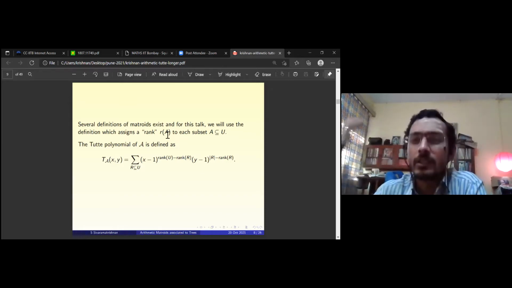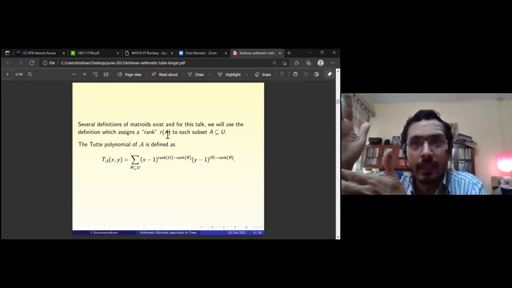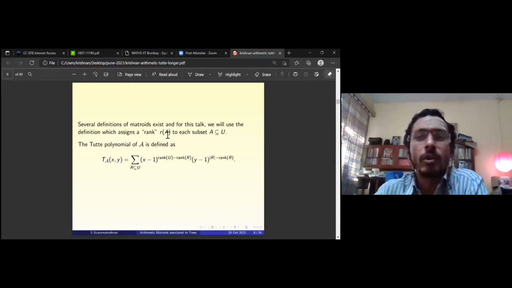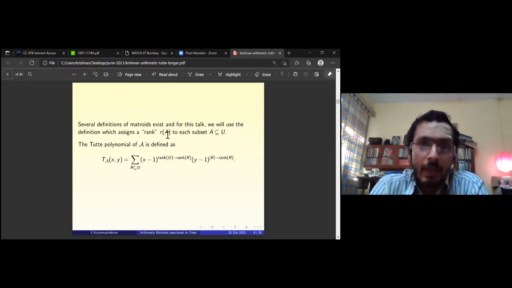This actually models the rank that we know in linear algebra, that rank is the size of the largest linearly independent subset. That exactly is modeled by this. That's why this is a good theory, because we are all used to linear independence, and we've been teaching linear algebra. So that idea of linear algebra can now be abstracted.